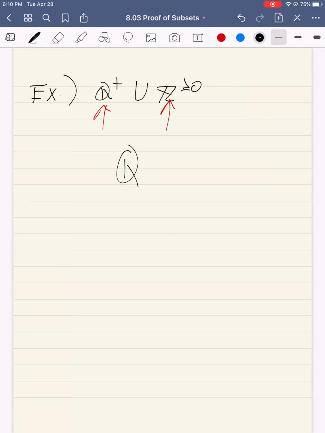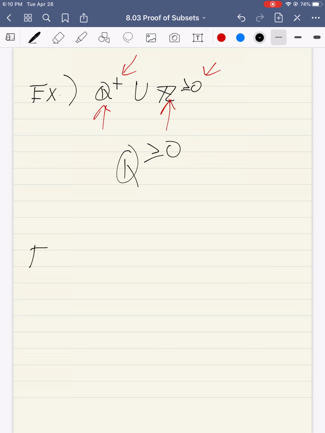But here I only have just the positive rationals, so 0 is not included. But over here I have 0 included. So I need to depict having 0 and positive values. So that is just going to be Q, the non-negative rationals. So the union of these two sets is the non-negative rationals.